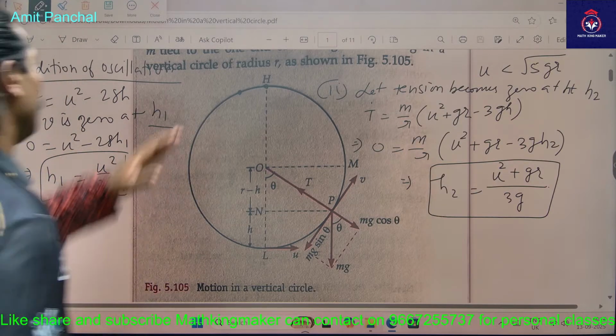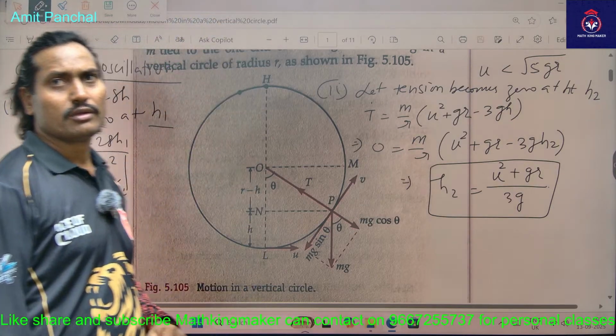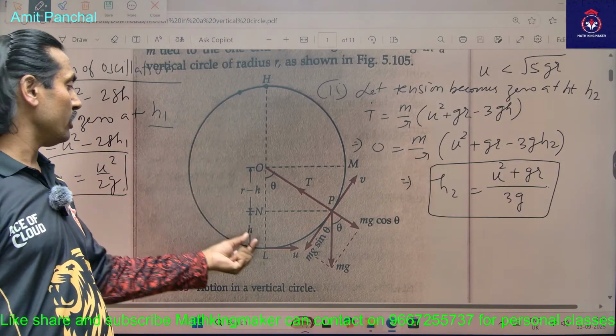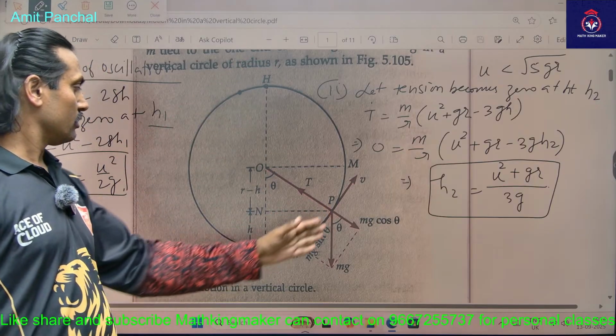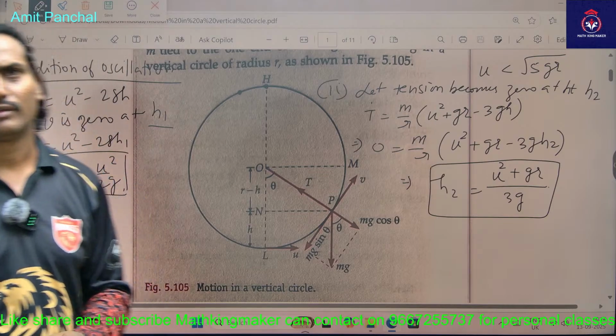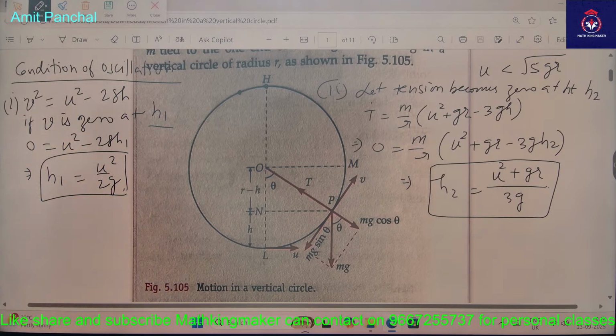So there may be two scenarios. Either it is dropping down, or it will oscillate along the lowest point. Now the condition when the body will oscillate is if the velocity becomes 0 earlier than the tension.